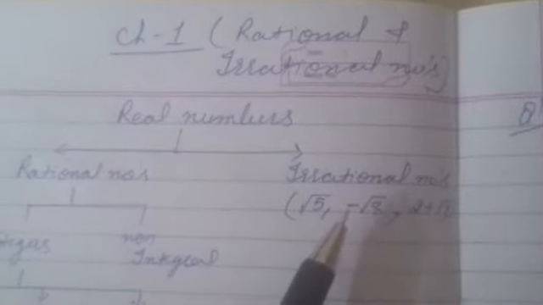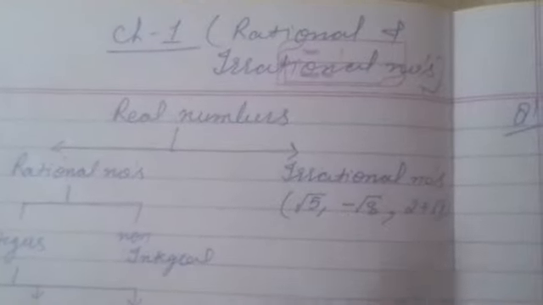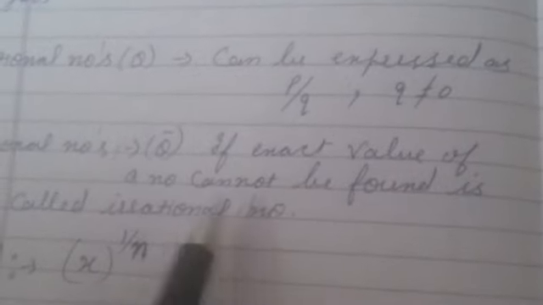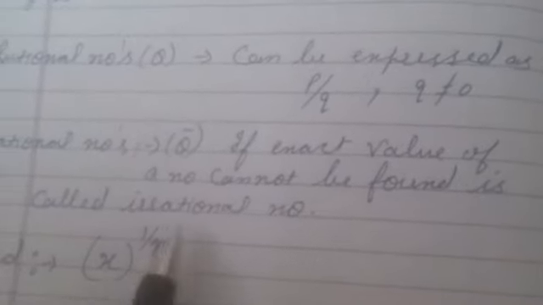Irrational numbers, if the exact value of a number cannot be found, it is called an irrational number. Rational numbers are numbers which can be expressed in P by Q form where Q should not be 0.